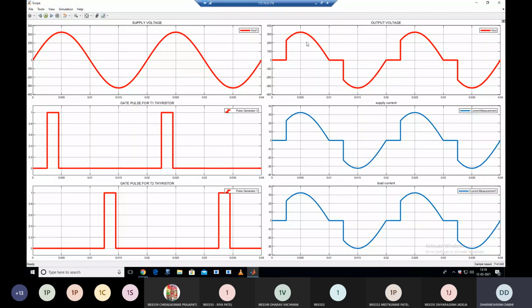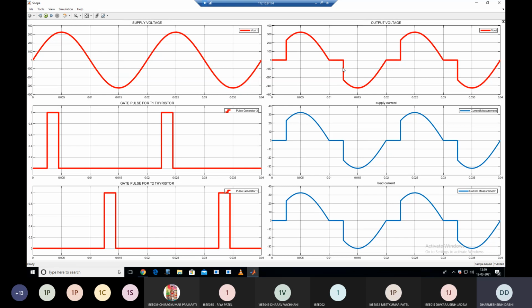And the fourth parameter is the output voltage. Now you can see the output voltage starts from 45 degree up to 180 degree. Output voltage is the same as your supply voltage. Then from pi to pi plus alpha, both thyristors are in off condition, so your output voltage is 0.